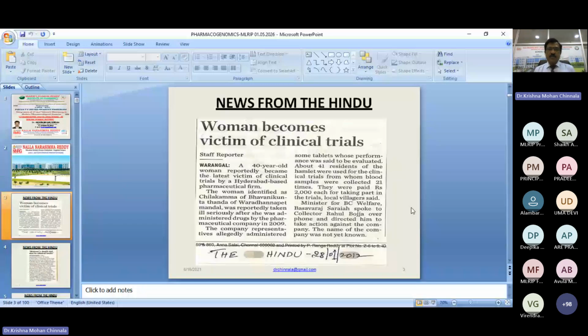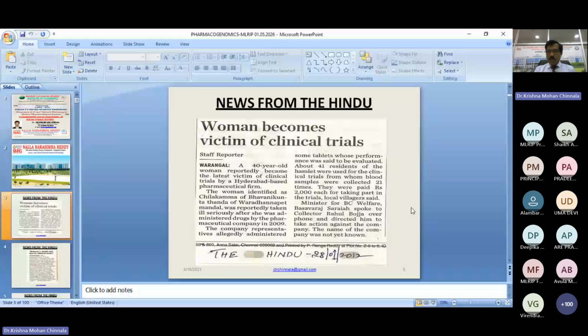I think everyone can see this slide. The news from The Hindu: woman becomes victim of clinical trials. A pharma company based at Hyderabad conducted clinical trials, and one lady named Chilkamma from the Mahbubabad area died after the clinical trials.